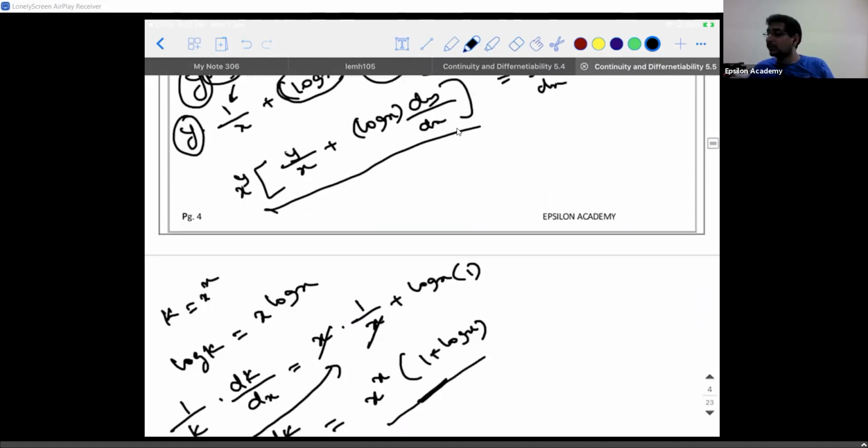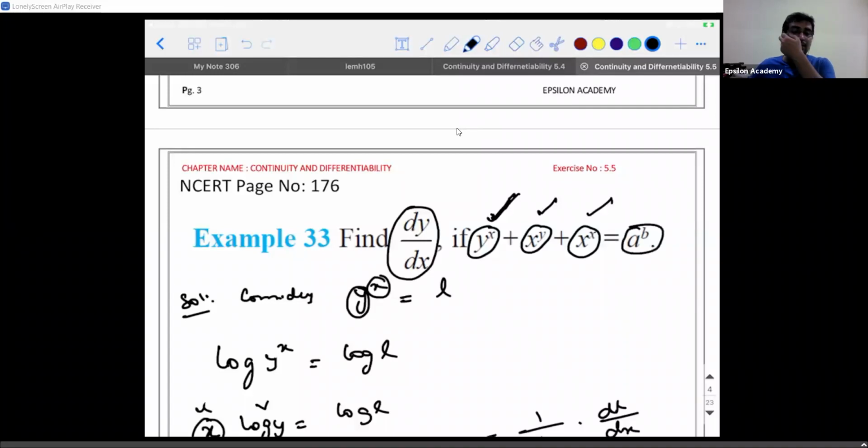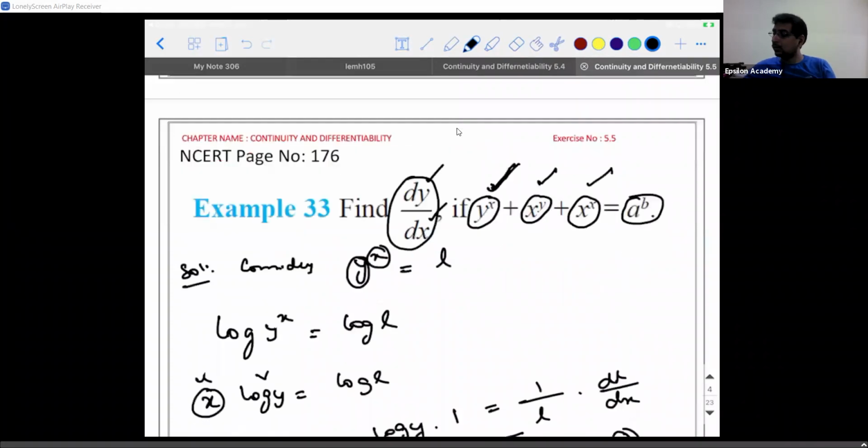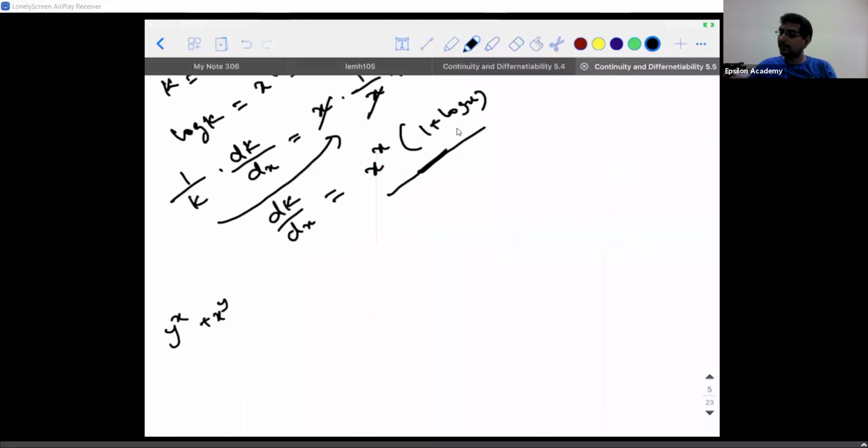The sum of all these values will be equal to 0, because if you differentiate a power b, the answer is 0, because a and b are constants. Only y and x are variables. So y power x plus x power y plus x power x is equal to a power b.